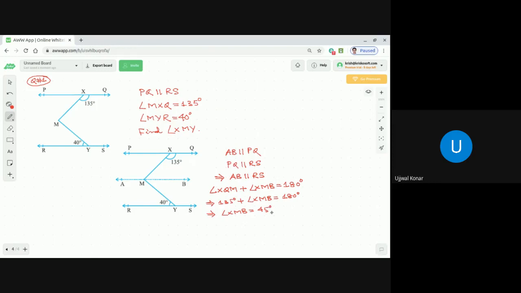Correct, dear students? So XMB is equal to 45 degrees.